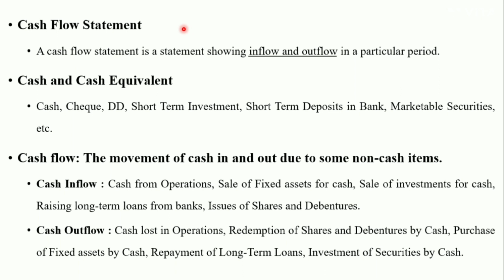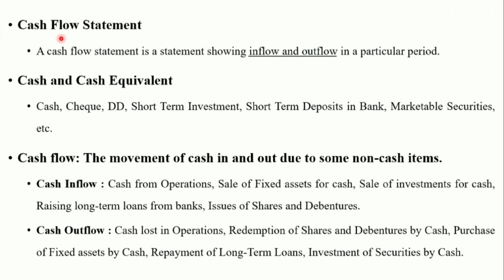In cash transactions we get the cash and also have to pay the cash immediately. But in case of credit transactions, cash payment and cash receipt occur after some time. That's why it is very difficult to understand the cash position of the organization in a particular period. That's why there is a need to prepare the cash flow statement.